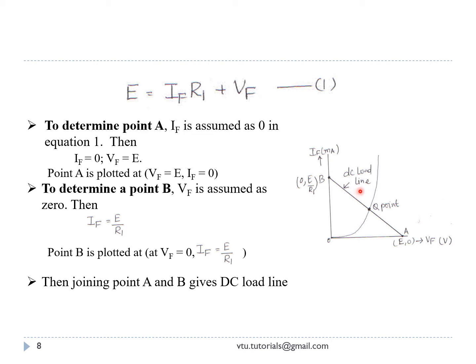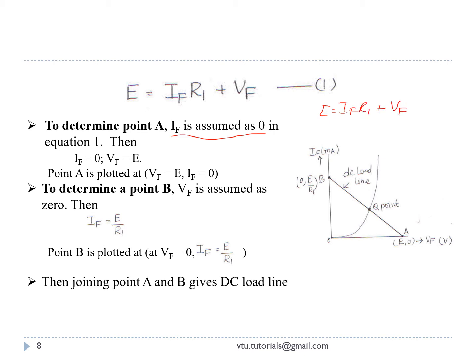In order to determine the point A, here we assume that IF is equal to 0. So assuming IF is equal to 0 for that circuit and applying that into E is equal to IF R1 plus VF.